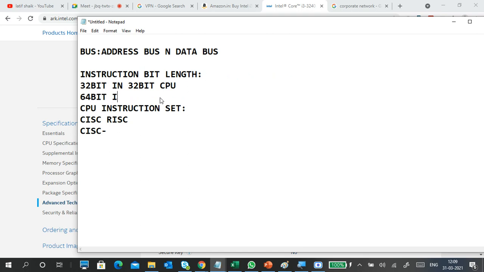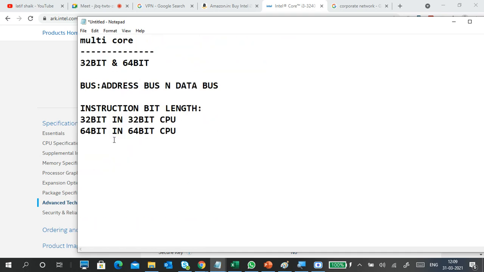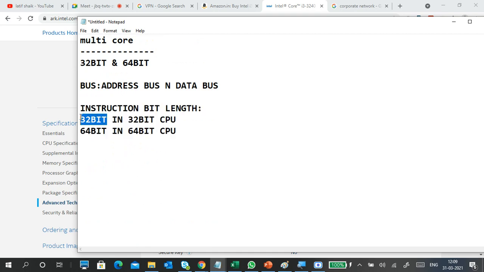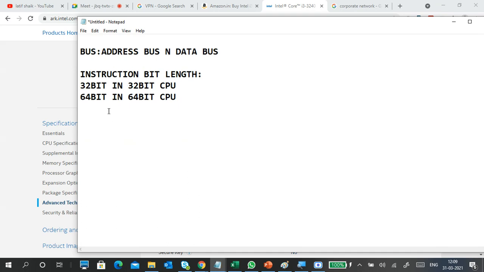Very simple to say, 64-bit in a 64-bit CPU. Understand? So understand instruction bit length: 32-bit instructions in a 32-bit processor, and 64-bit instruction length in a 64-bit processor. Both what we give as instruction and what it understands are based on that only.